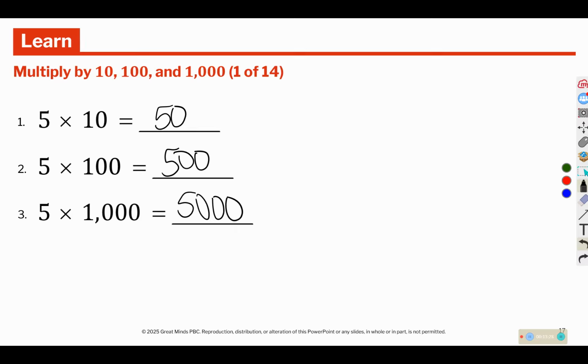Look for a pattern. What's an easy way you could explain this to someone else? What do you notice?